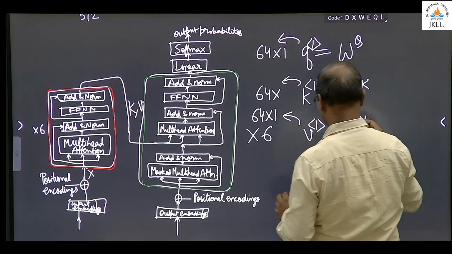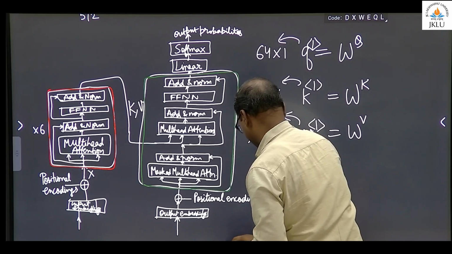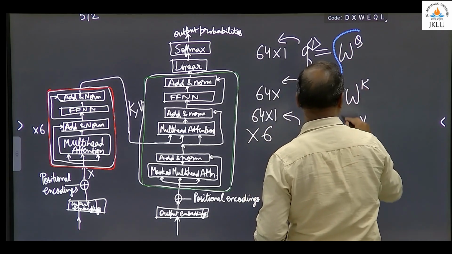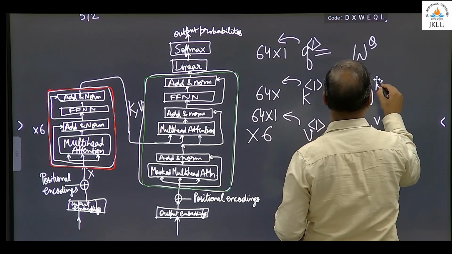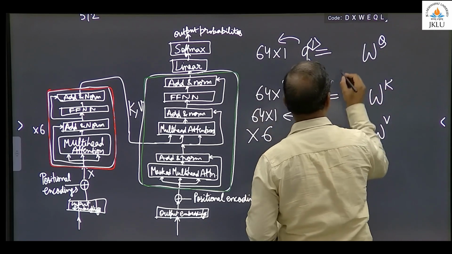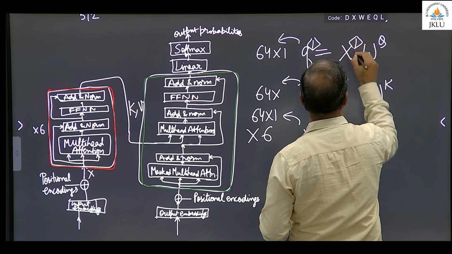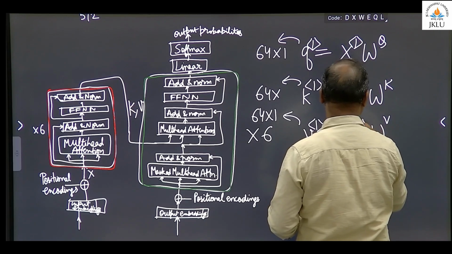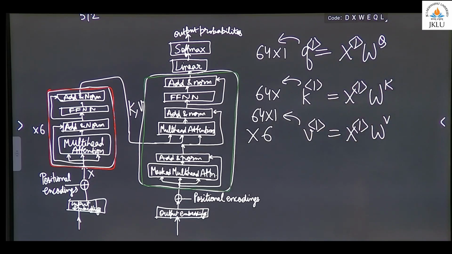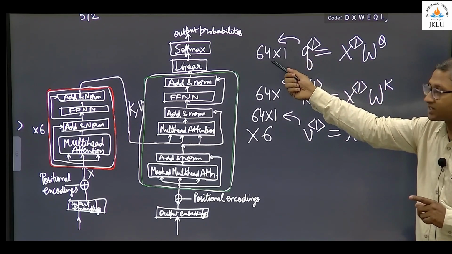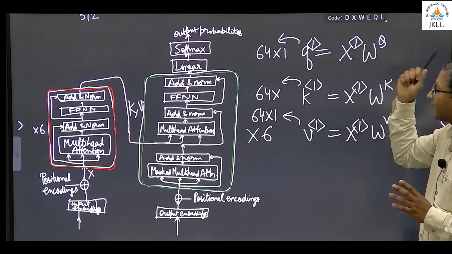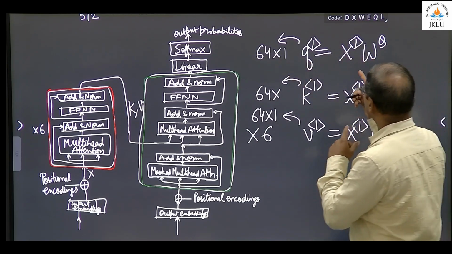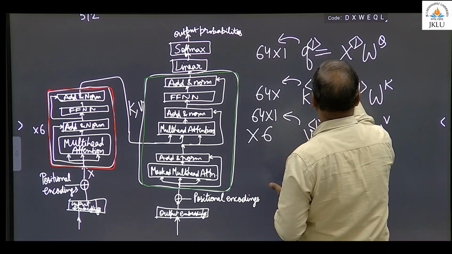I'll simply use this one. This is contrary to what we have been using throughout the class, but since we are towards the end of it, okay, let's just do it. So now if this is 64 cross 1, what is this guy? This is 512 cross 1.